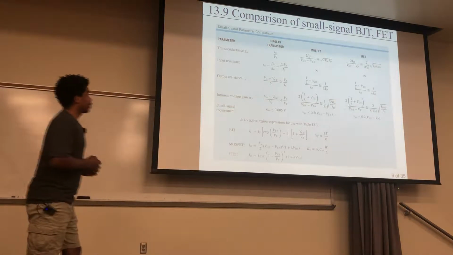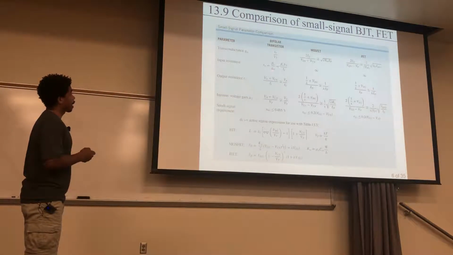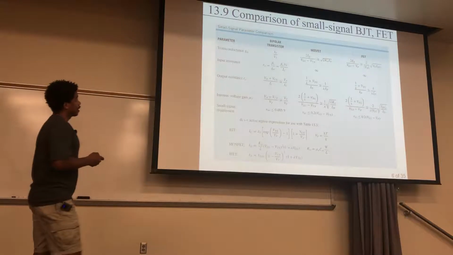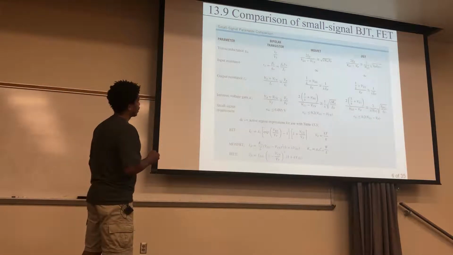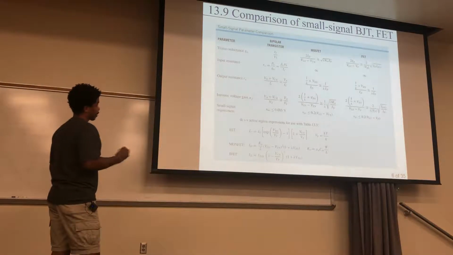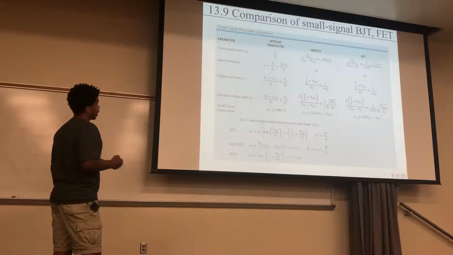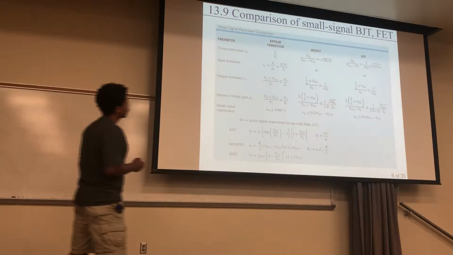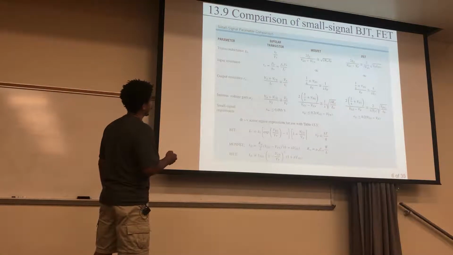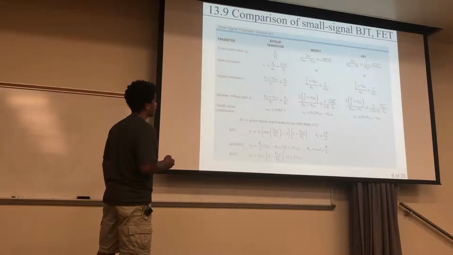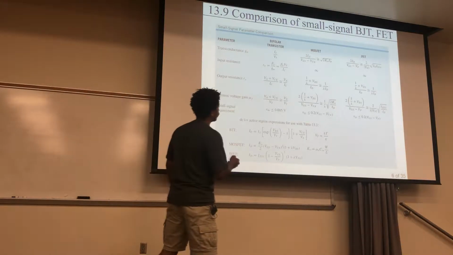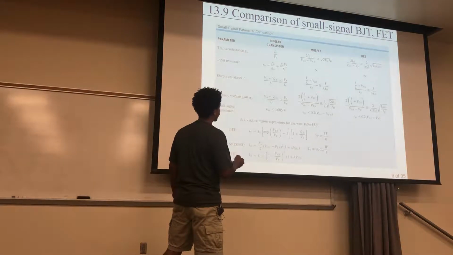For the input impedance, the bipolar is like this, which is very small in comparison to the MOSFET and the JFET, which are nearly infinite comparatively. For the output resistance, it looks sort of like this, where you have the early voltage over the collector current, and these two forms are the same for the drain currents.